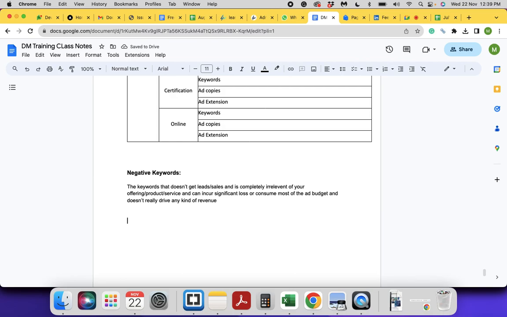So there are 1500 keywords added and applied to 5 campaigns. So let's see what those negatives are. You can see the negative terms here.